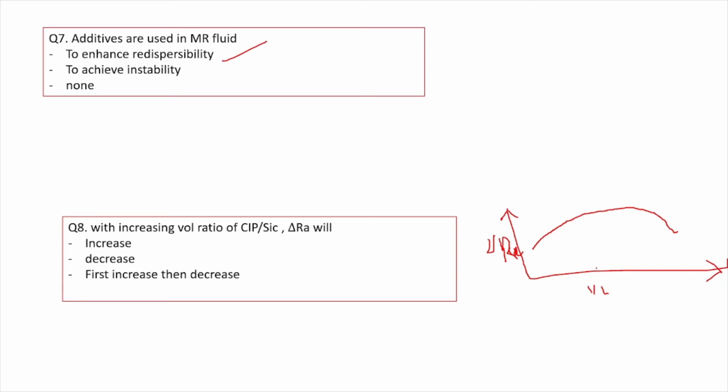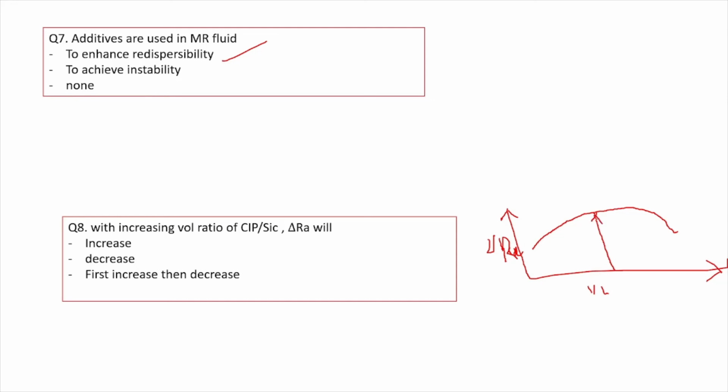the abrasive particles will be stronger, and they will hit the workpiece material, and a huge amount of material is removed. The surface finishing will improve, and the percentage of that surface roughness value will increase with the increase in volume ratio of CIP by SIC, because at that time abrasive particles will be more and very strong.